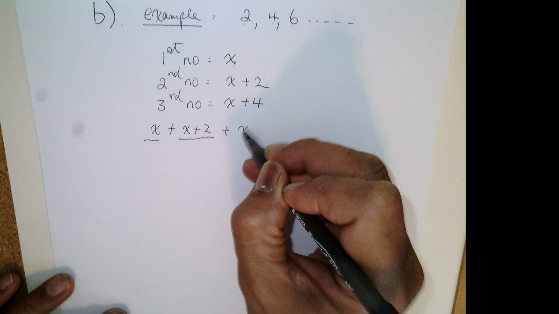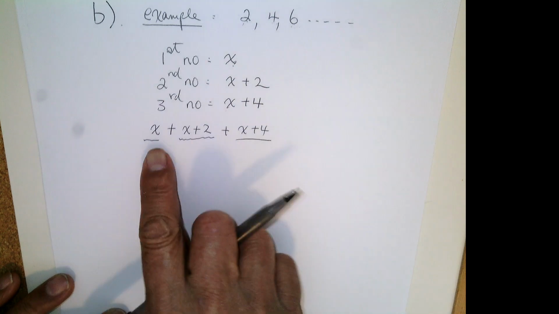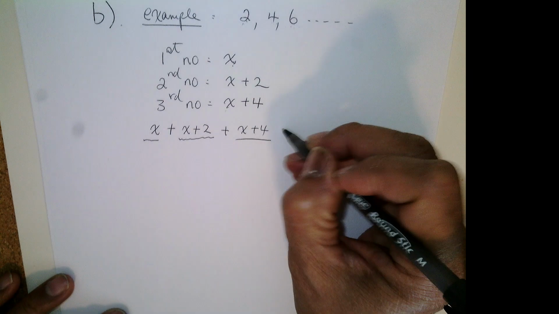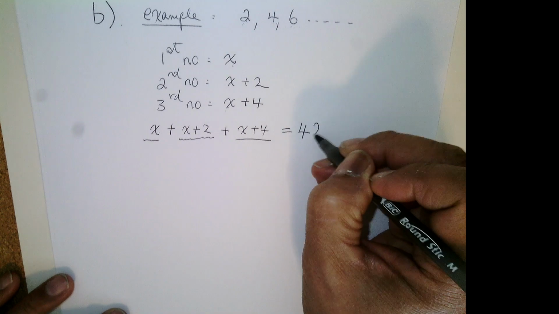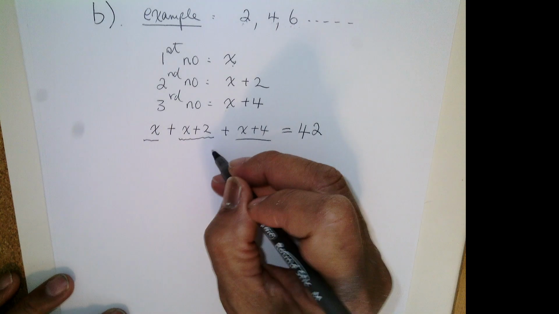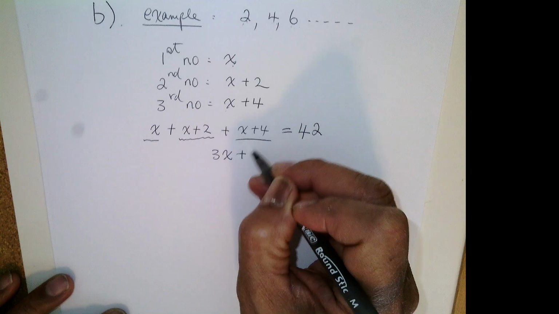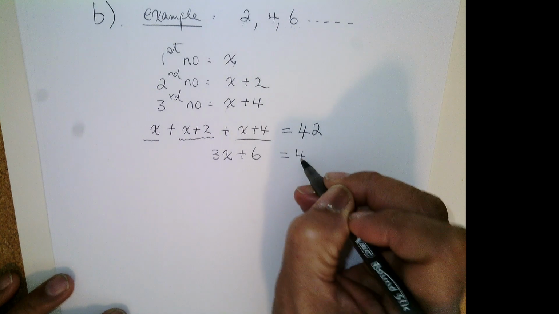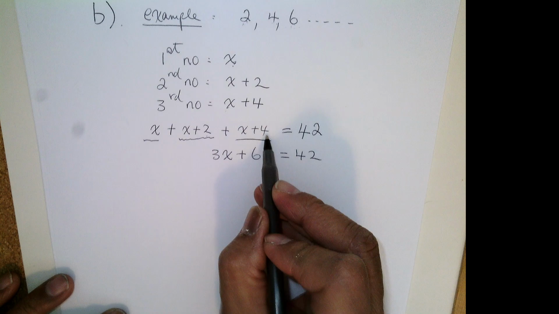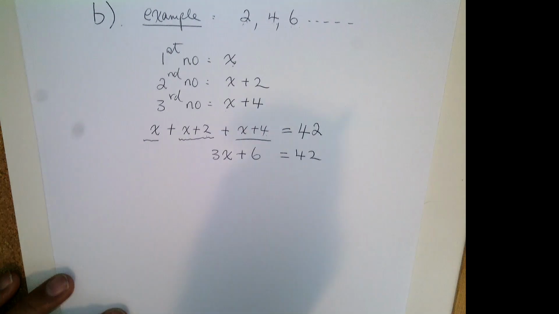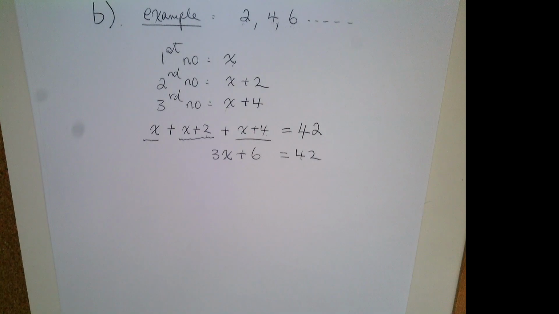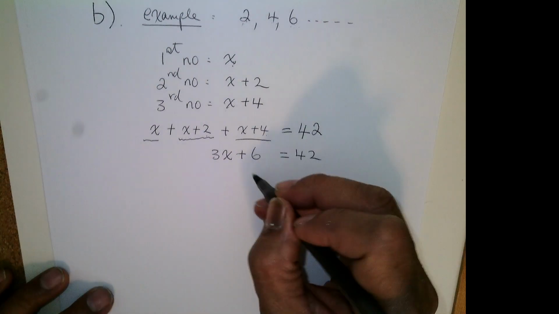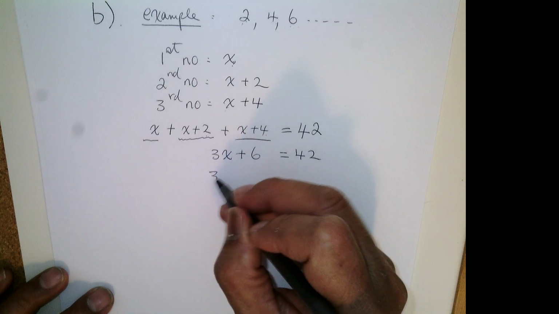Plus, see, we're adding all 3 numbers, and that's equal to 42. So you're solving: 2 plus 4 is 6, right? And now both sides subtract 6.